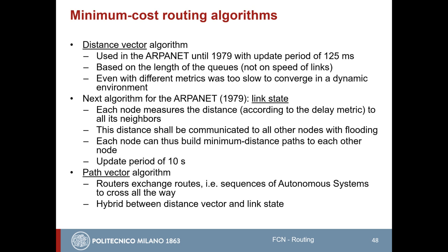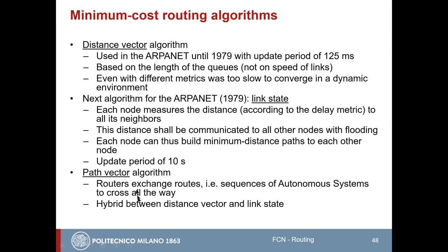We have another type of algorithm which is used in the internet routing, which is a path vector. And it's like a hybrid between distance vector and link state.